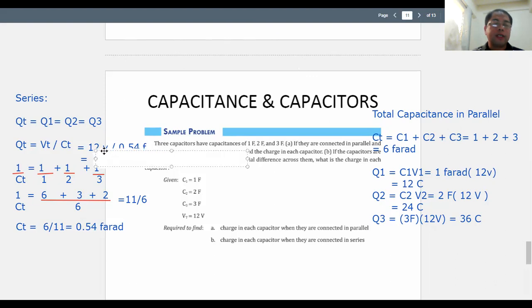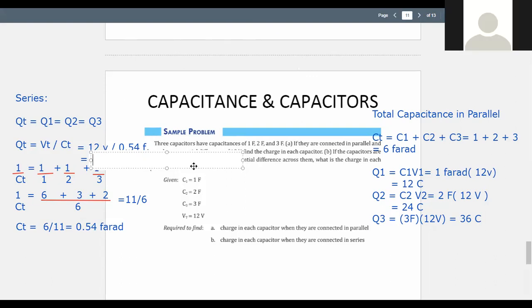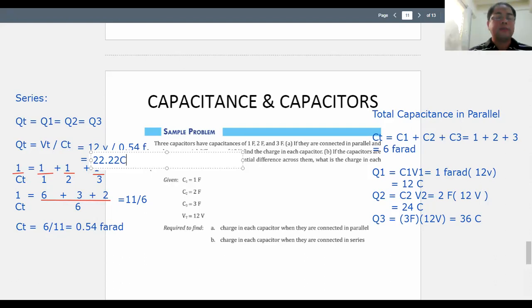Can somebody solve for that? Roughly double, 20 plus. 22.22. So this is in coulomb.